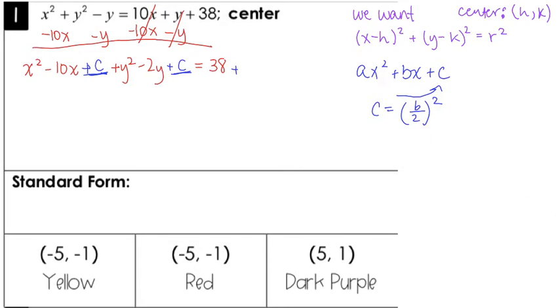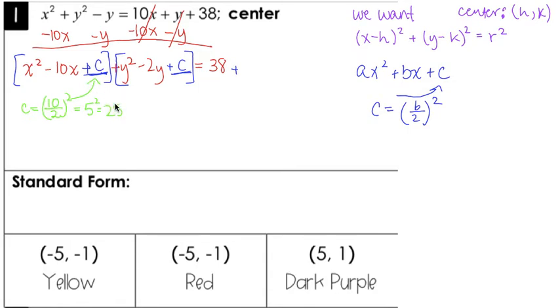I am going to do this two different times. I want to keep the x part separate from the y part. So if I'm looking for the c for the x side, I'm going to want that to be 10 over 2 squared. So that's going to be 5 squared, which is 25.